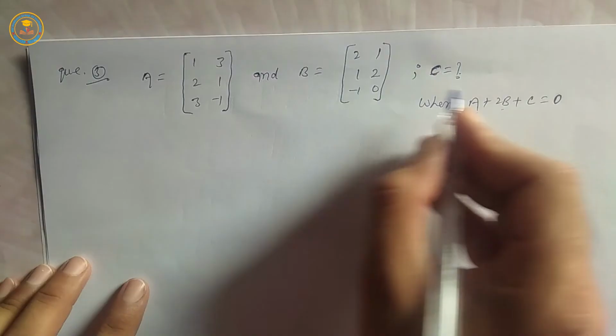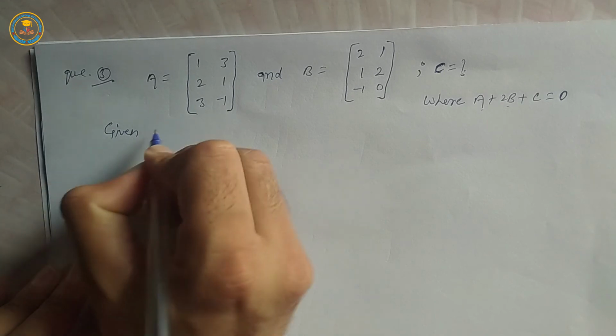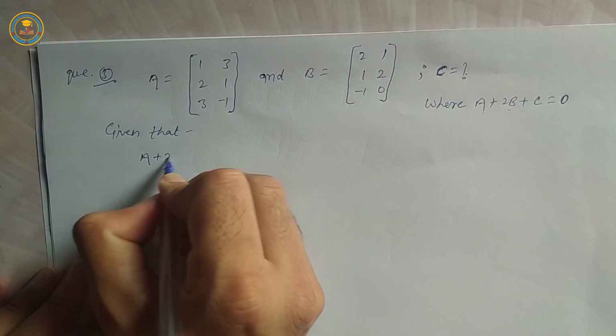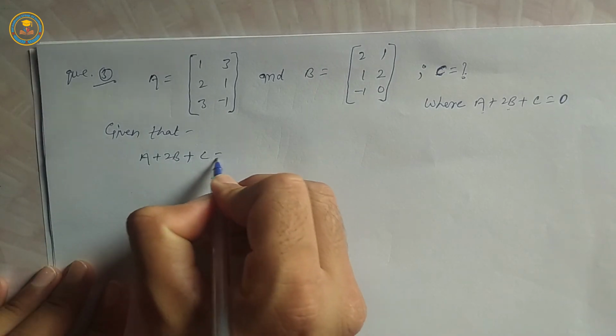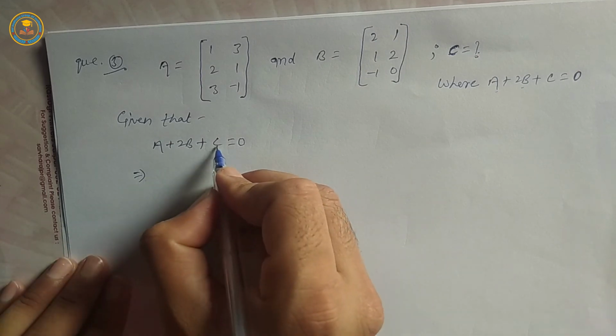Okay, given that A plus 2B plus C is equal to 0 matrix, find the value of C.